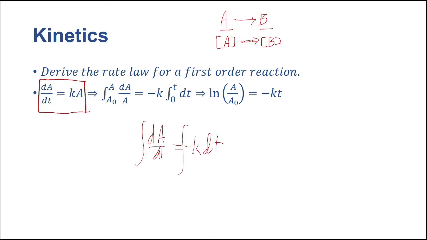We can apply the rule that the natural log of y minus the natural log of x equals the natural log of y over x, and we get the natural log of A over A naught is equal to negative kt, which is our first order integrated rate law. So we should see we did do an integral there.